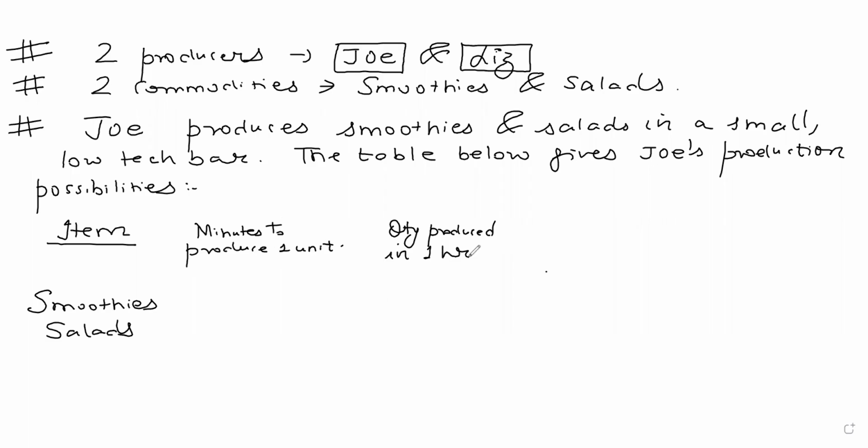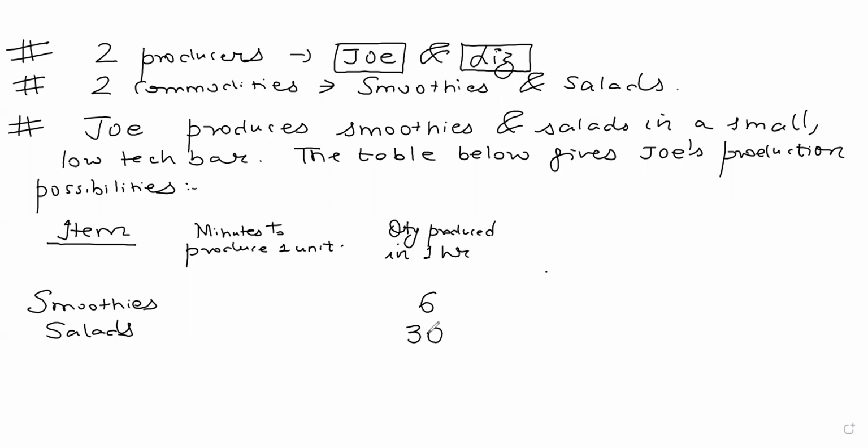Suppose Joey can produce 6 smoothies in 1 hour and 30 salads in 1 hour. This data is all given to us. So 6 smoothies can be produced in 1 hour and 30 salads can be produced by Joey in 1 hour.